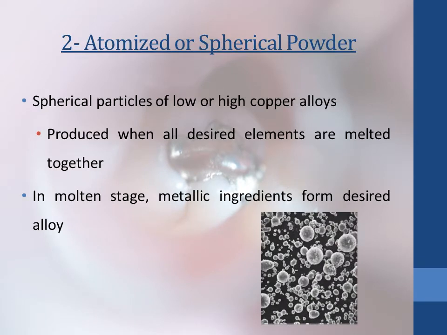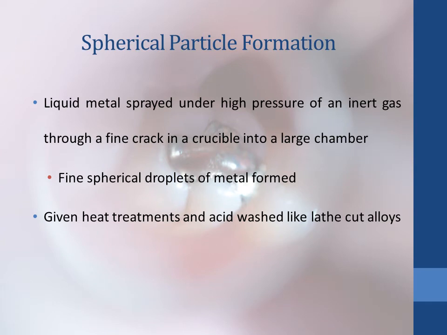And the atomized or spherical powder. Spherical powders may be of both low or high copper and are produced when all desired elements are melted together. In the molten stage, the metallic ingredients form the desired shape, which are irregular sphere-like structures. And how are they achieved?